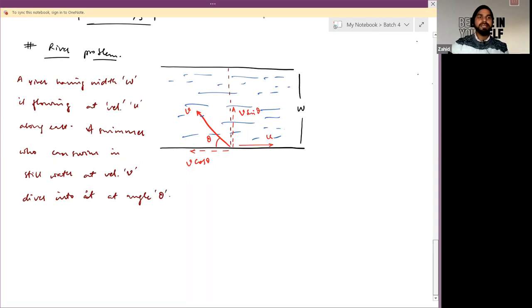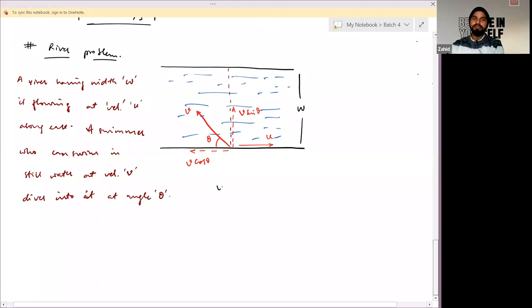So from this we can say velocity of river with respect to ground is plus u along i cap. Velocity of swimmer with respect to river is minus v cos theta i cap and plus v sin theta along j cap. Is it clear?